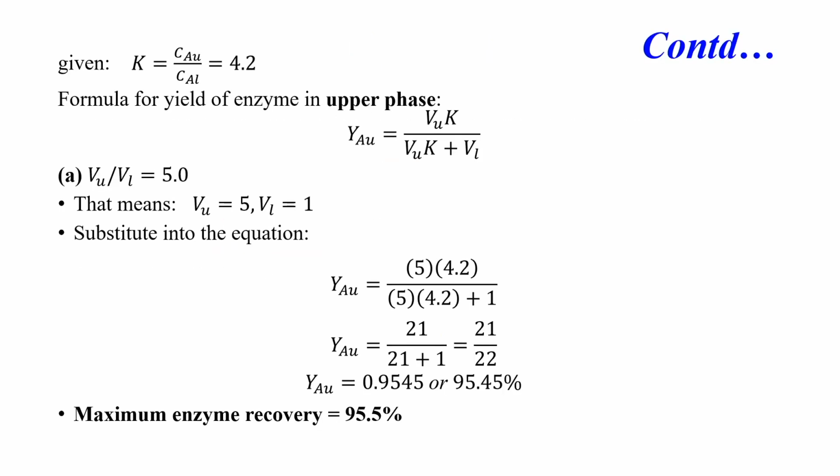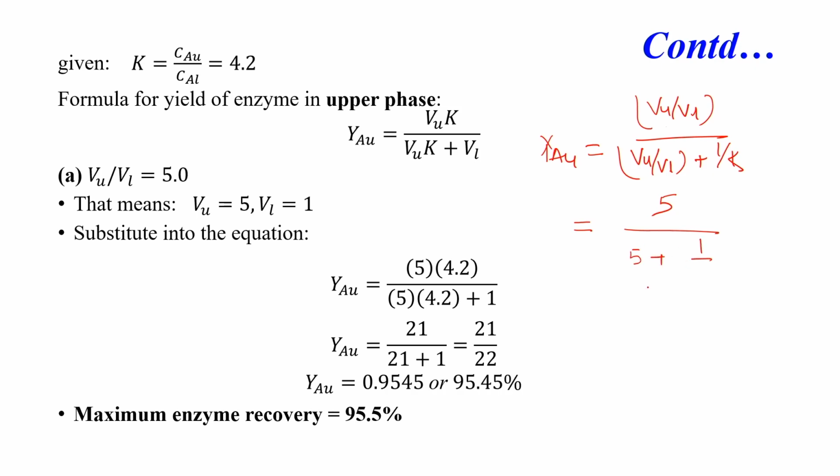If you remember the formula we discussed, YAU, written in terms of the ratio, was VU upon VL divided by VU upon VL plus 1 upon K. So, in the first case the ratio is 5, divided by 5 plus 1 upon K, where K is 4.2. So, we will get a recovery close to 95.5%.